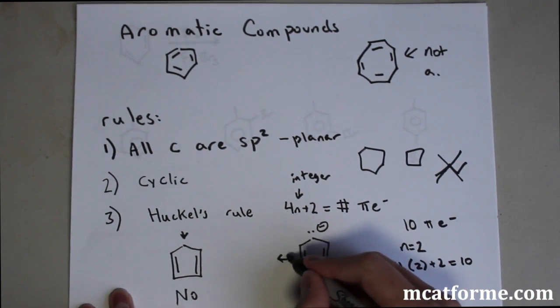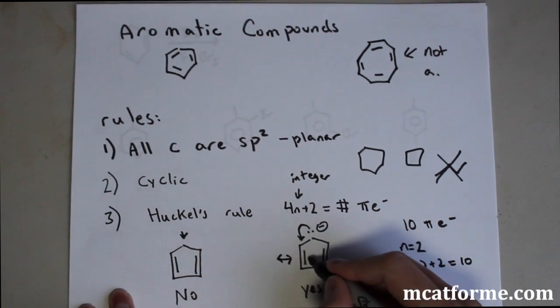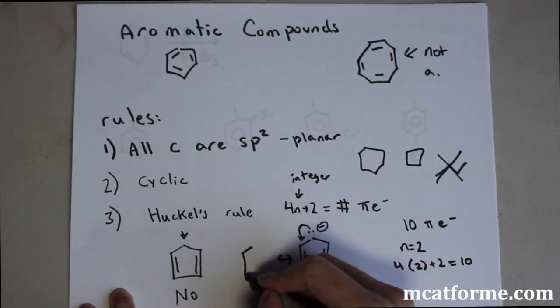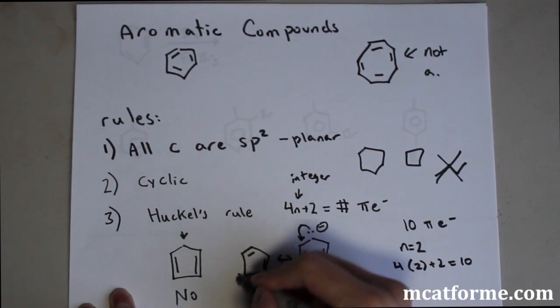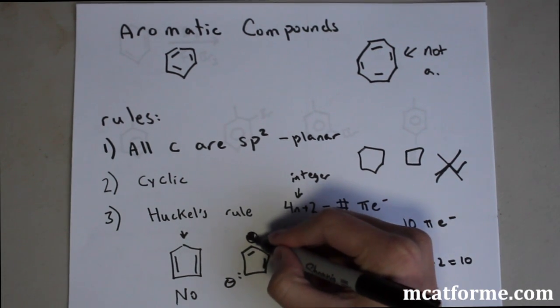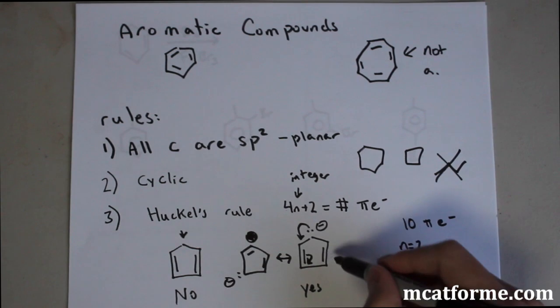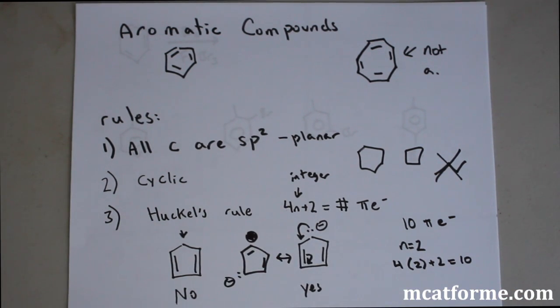So what happens is these lone electrons get pushed down, and we get this resonance structure. So what happens in that case is that instead of just having 4 pi electrons that are now resonating in between, we have 6 pi electrons that are resonating within. That was the only rule that this one kind of looked like it didn't fit, the third rule, Huckel's rule.